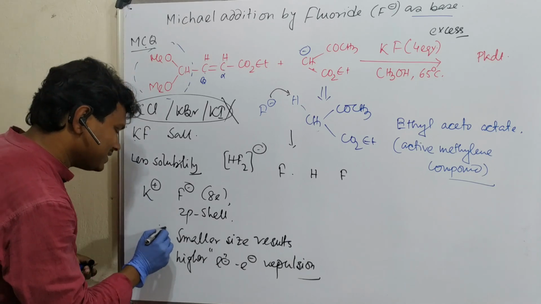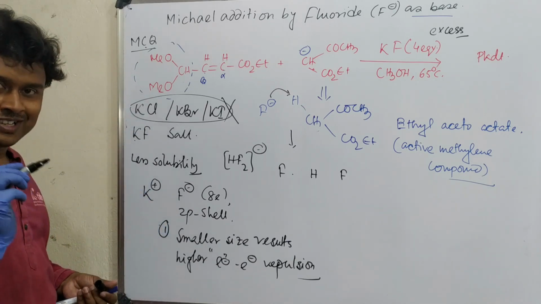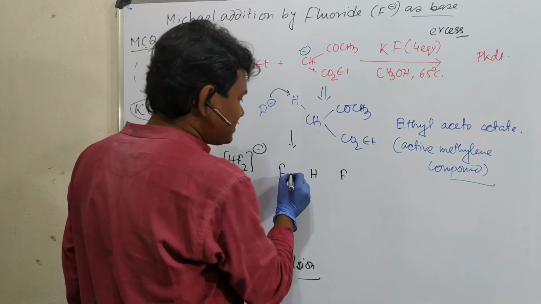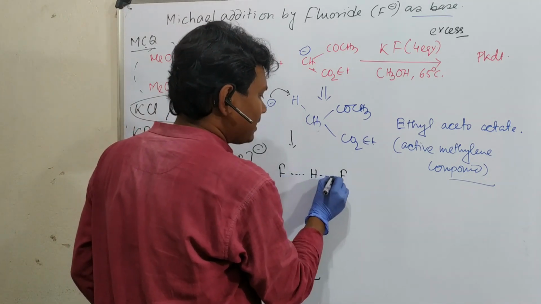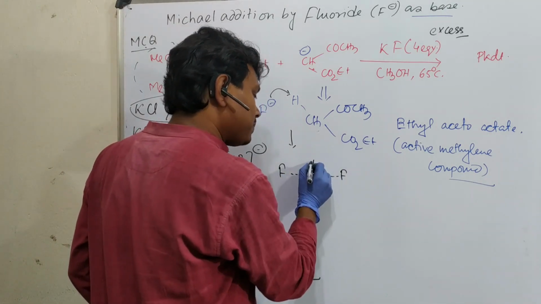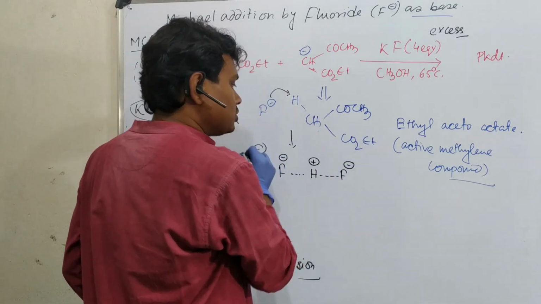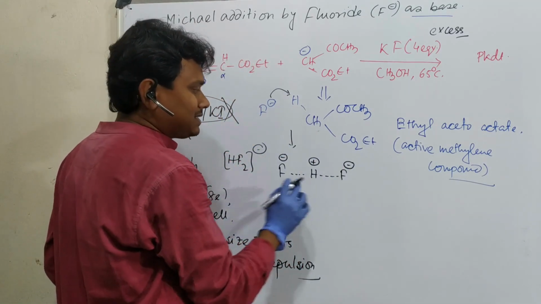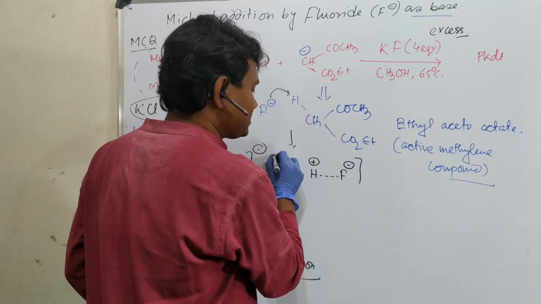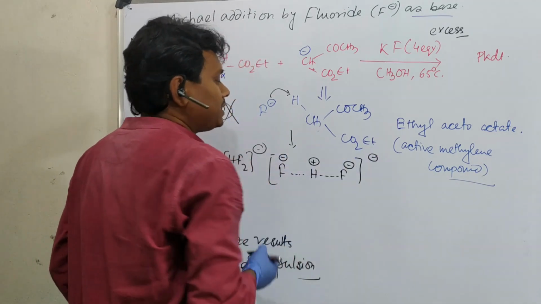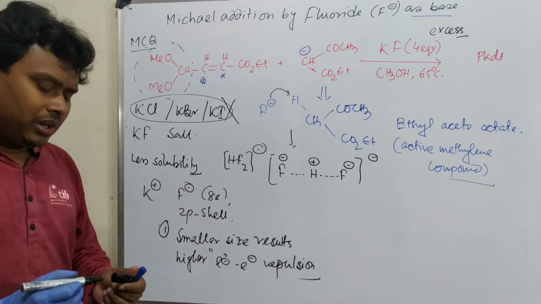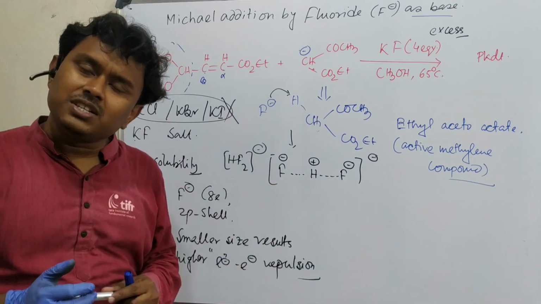That is number one reason. But the most important reason, number two, is hydrogen bonding. Proton means it's an H plus, fluoride means it's an F minus. If you counterbalance this, net is 1 minus. Now you will consider, sir, hydrogen bonding is a weak interaction, a weak force.